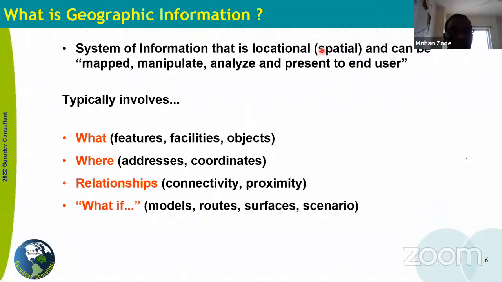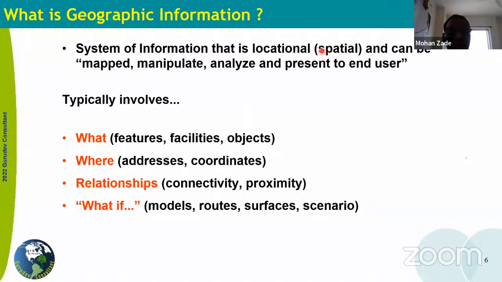And then fourth, an important one, is what if. Based on those three things, you can model the scenario of the future by generating the future scenario and visualizing the impact of that scenario today, so that you can take the appropriate steps.